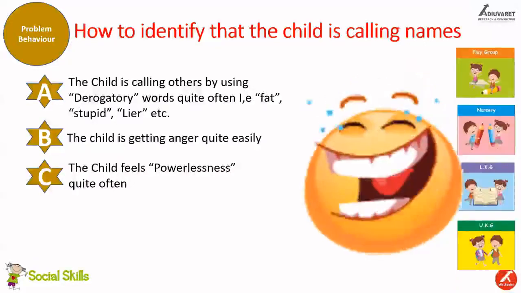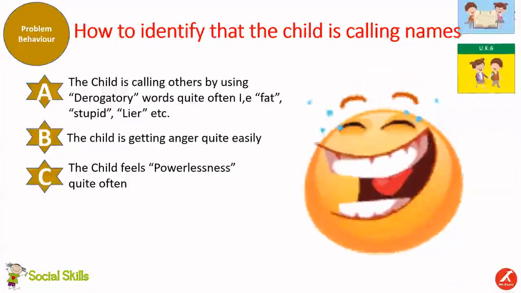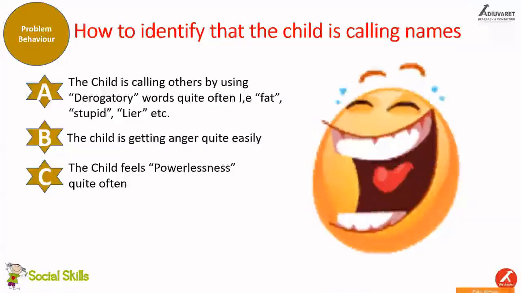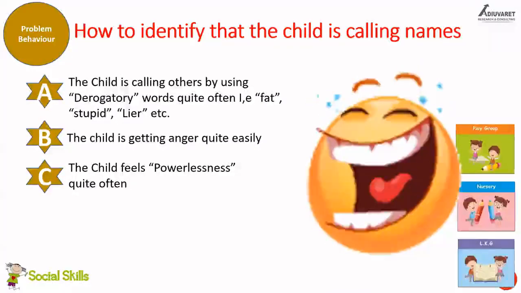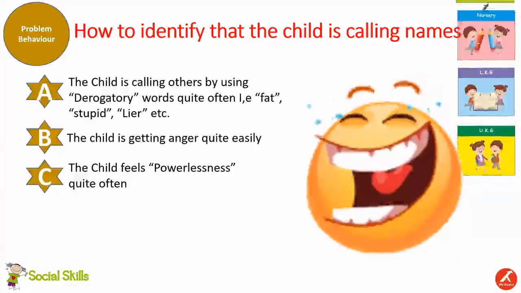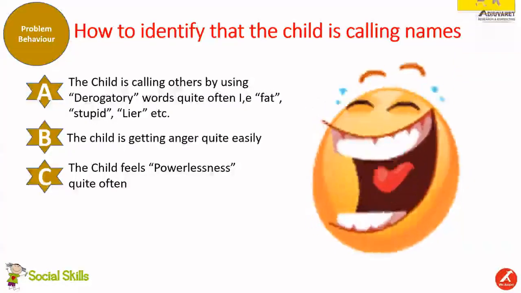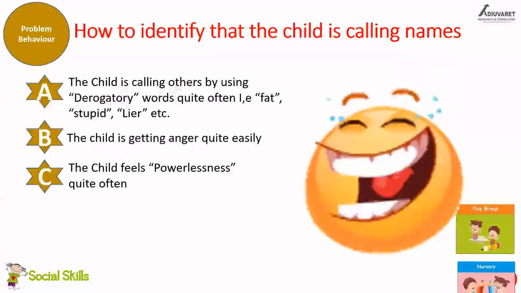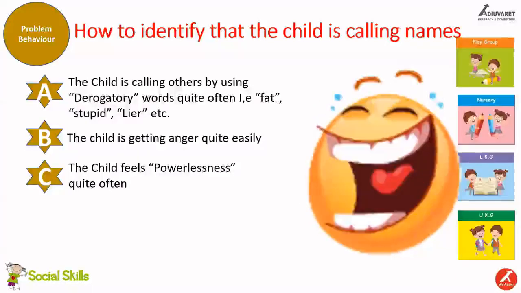Third is when a particular child feels powerlessness, then the child just feels calling others by derogatory names will make him or her quite powerful. This is a general perception, a general behavioral trait of human nature, and that too happens among children very easily.